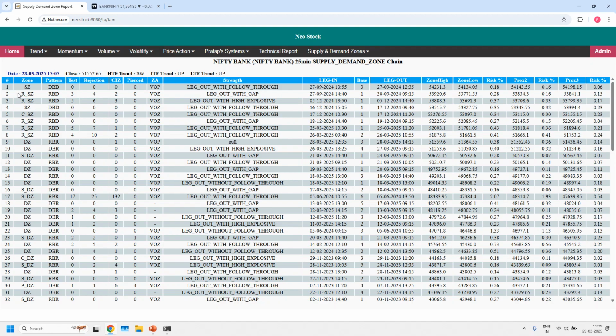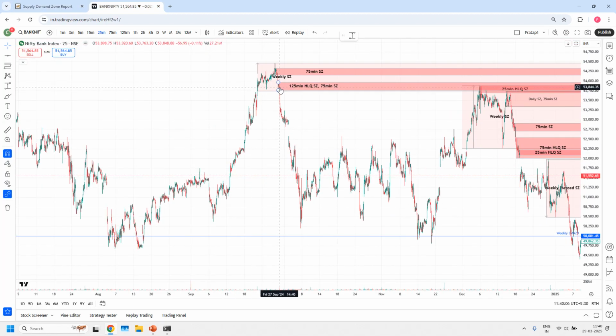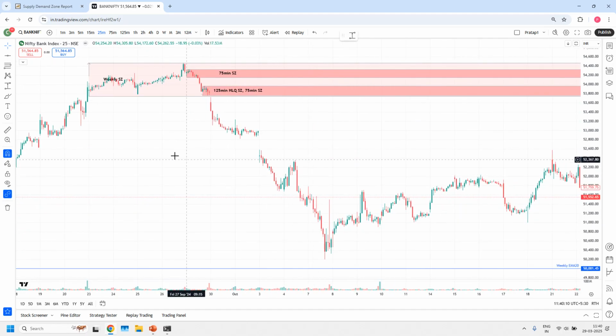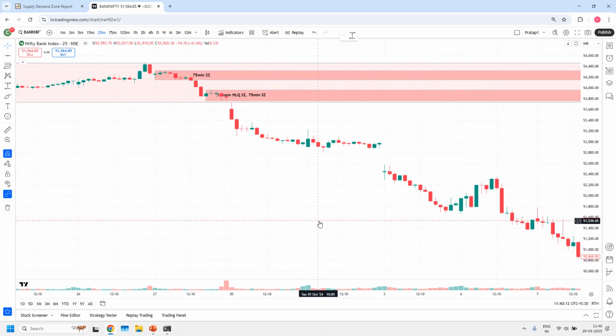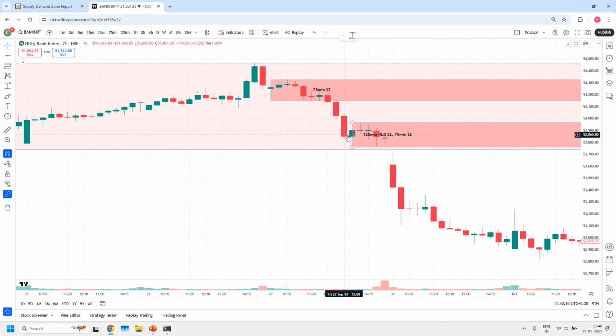Okay, next we have one more high liquidity 25 minute supply zone. This is on 27/9, 14:40. 27/9. Here 27/9 is somewhere here. This is the one, 27/9, 14:40.